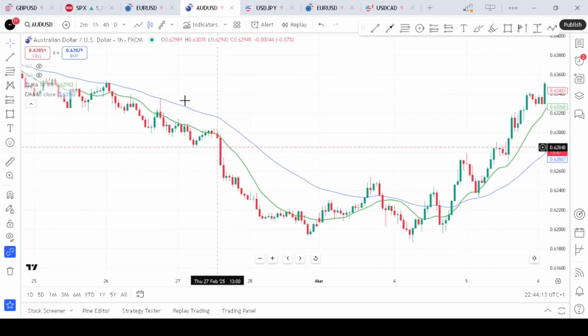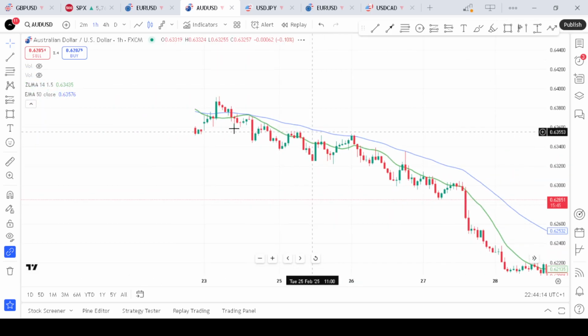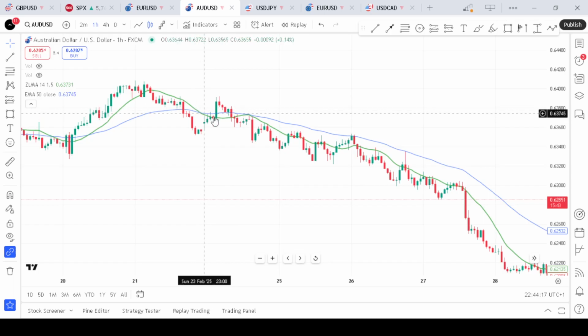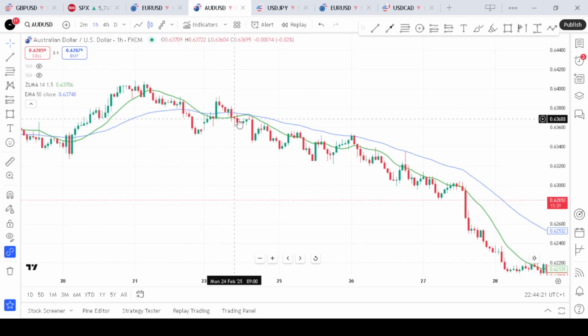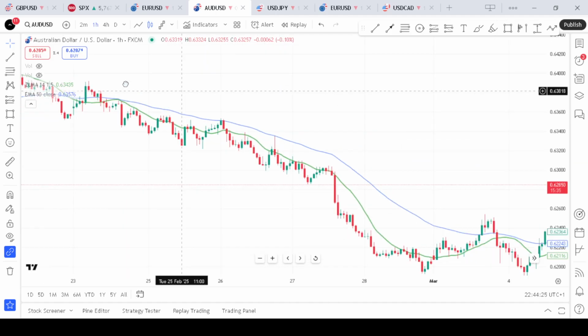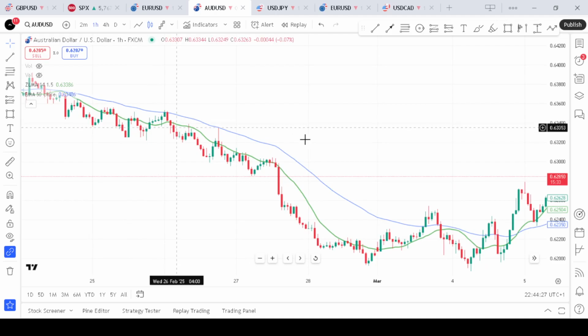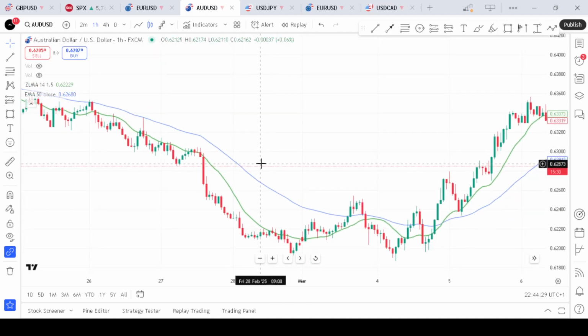Now when the green line, the zero lag moving average, crosses below the blue line, the slow EMA, at this area, it signals a downtrend.